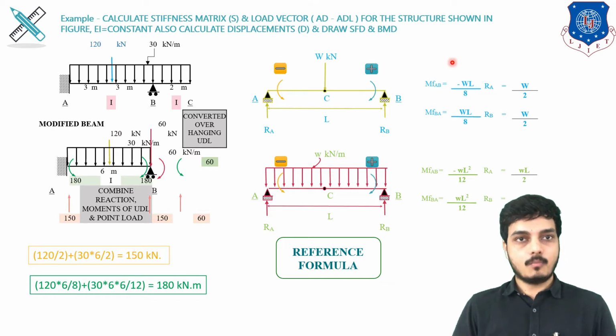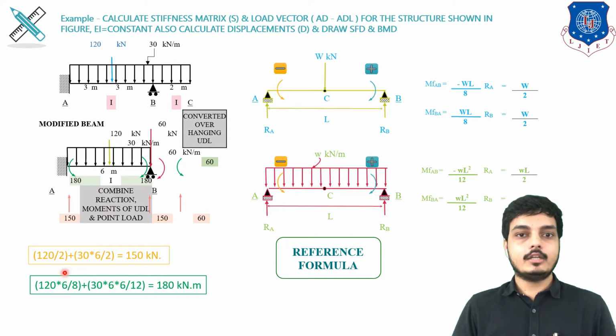Let's see the moment first. For moment, the formula is WL by 8 for point load and WL square by 12 for UDL. So how did this 180 kN-m come? For point load it is WL by 8, and the point load is 120.